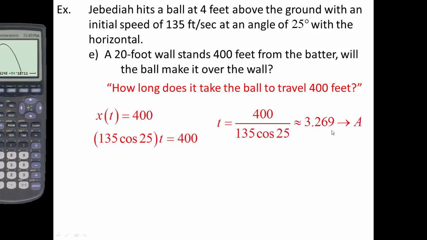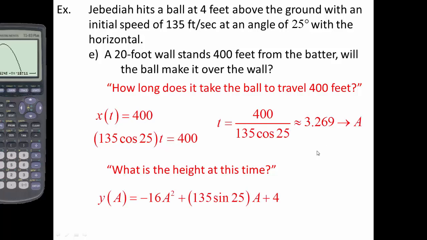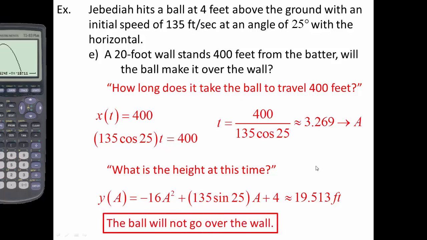So I'll store that in my calculator because I'm not going to retype decimals, and I'll plug that into my y equation. When I plug it into my y equation, I get 19.5-ish feet, which tells me that at that time the ball is slightly less than the height of the wall, therefore no, the ball will not go over the wall.